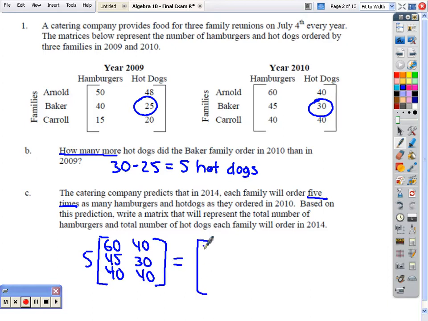So 5 times 60 is 300. 5 times 45 is 225. 5 times 40 is 200. 5 times 40 again is 200. 5 times 30 is 150. And 5 times 40 again is 200. And this matrix represents the catering company's prediction in 2014 that they will order 5 times as many items as in 2010.